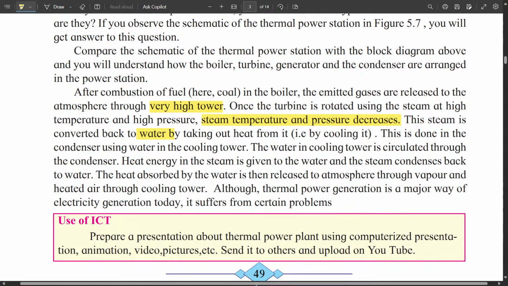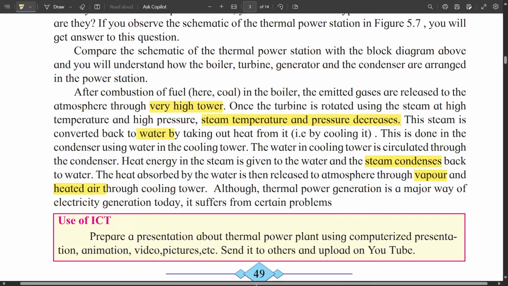The water in the cooling tower is circulated through the condenser. Heat energy in the steam is given to the water and then steam condenses back to water. Heat absorbed by the water is then released to the atmosphere through water vapor and heated air through the cooling tower.